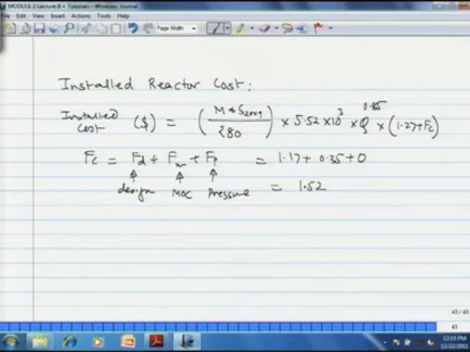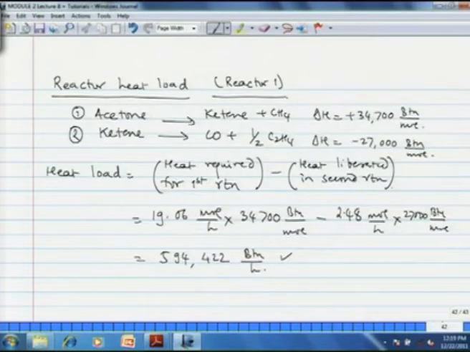And now we substitute for Q that we just determined. Now, this Q is in BTU per hour. So, in MMBTU, it is 0.594 MMBTU, because the heat load in the cost correlation is in million metric BTU.